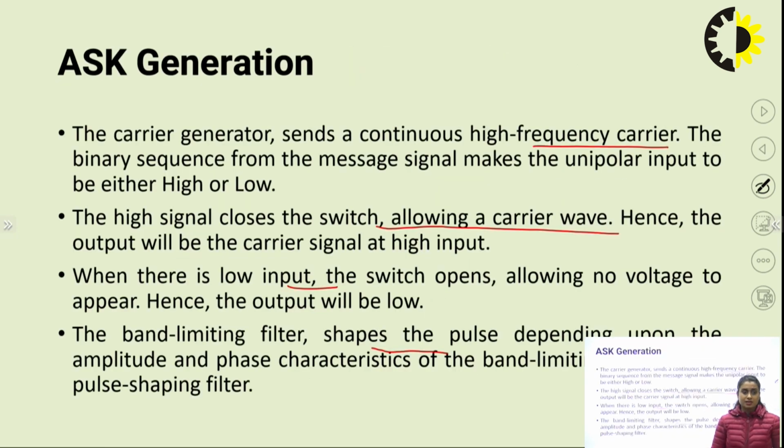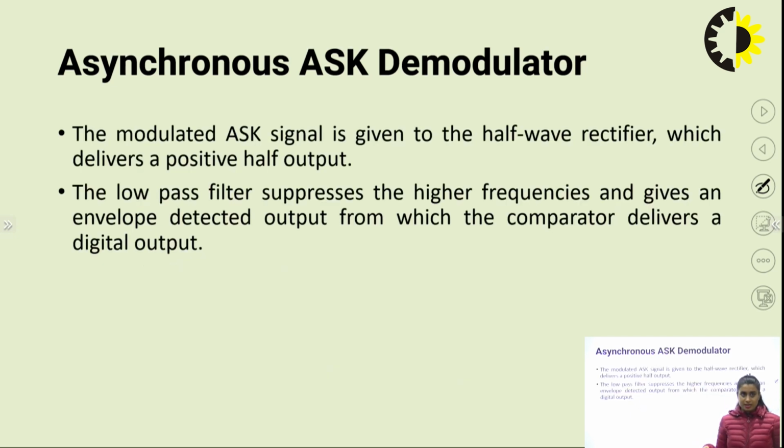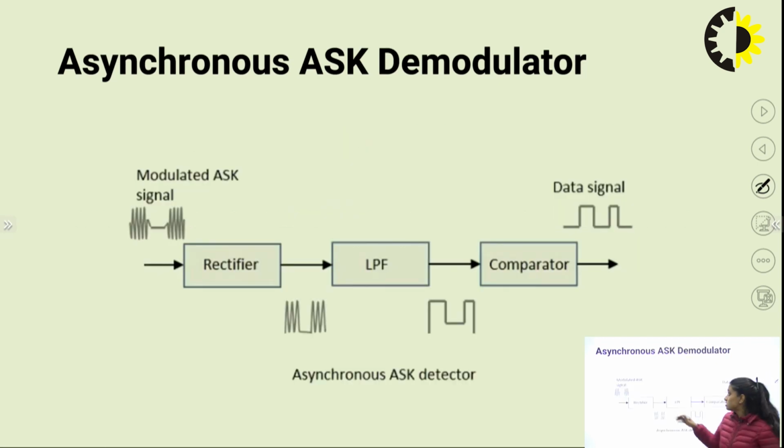Now, after generation, let's talk about demodulation. With this diagram, I have tried to show an asynchronous ASK demodulator. We'll come back to this. Let's see what an asynchronous ASK demodulator is. First of all, as the word says, asynchronous. Asynchronous means we do not depend upon coherence here, right?